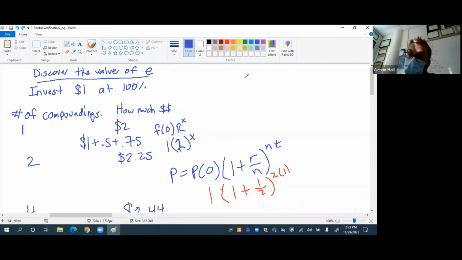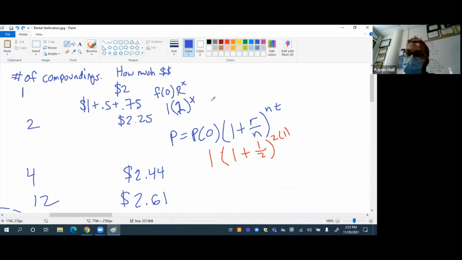And those kinds of equations that are created are not compounded yearly. They're not compounded twice a year. They're compounded continuously.